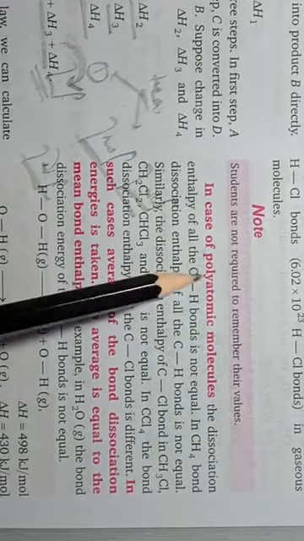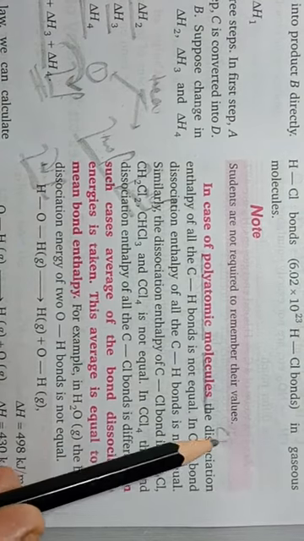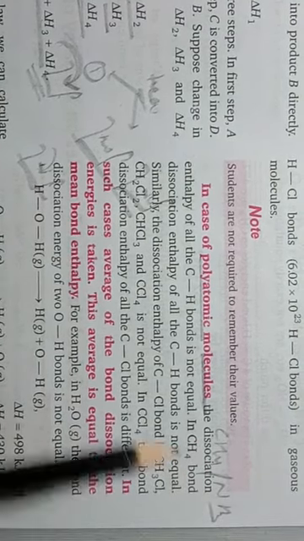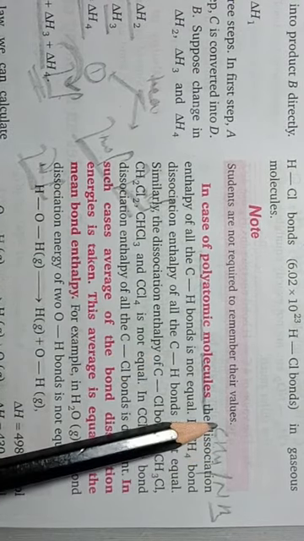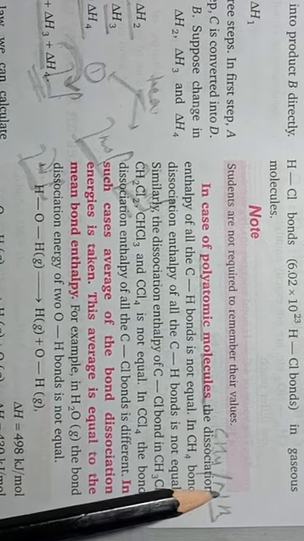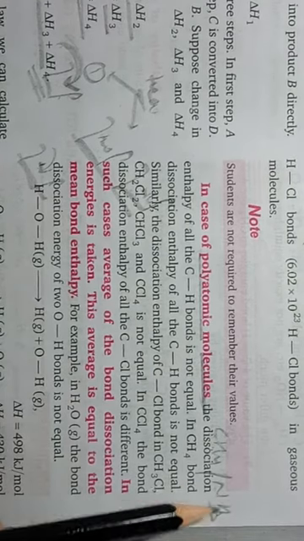Now for polyatomic molecules like CH4, NH3, in all such molecules, all the bonds which are present here, carbon is carrying 4 CH bonds around it and nitrogen is carrying 3 nitrogen-hydrogen bonds around it.